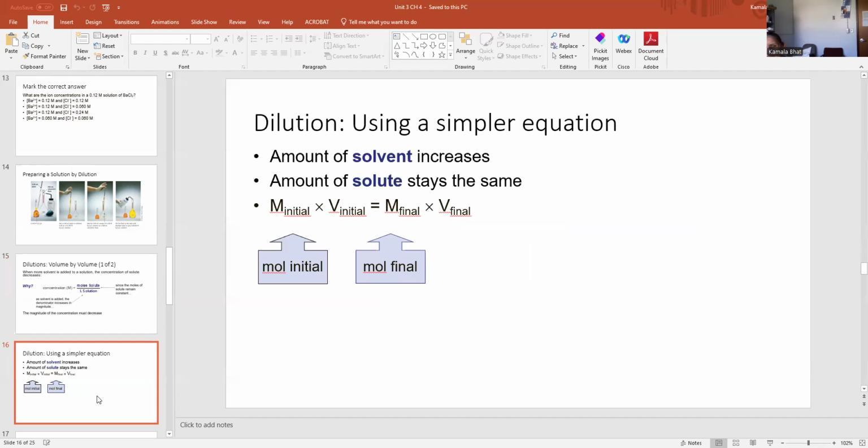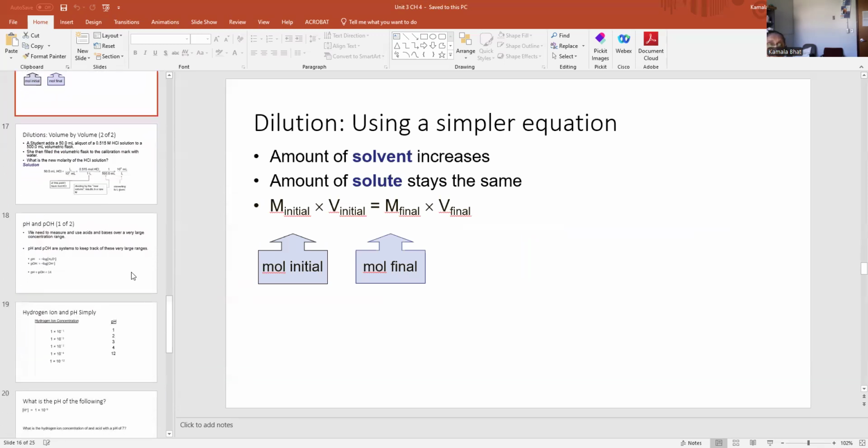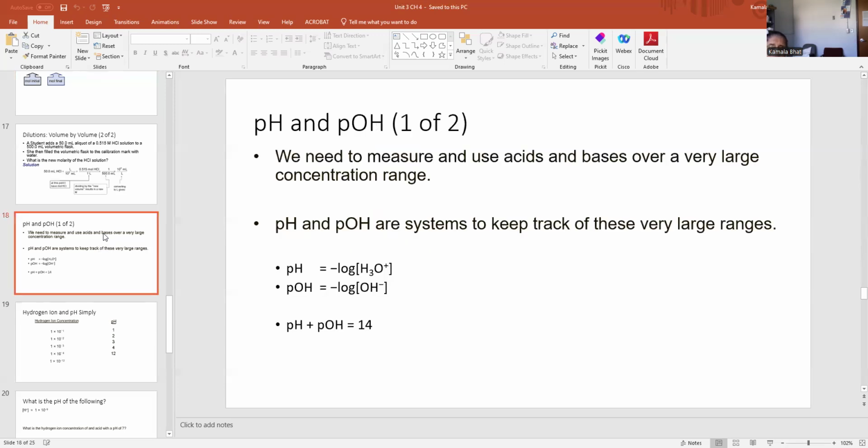Therefore, we can use the expression: molarity initial times volume initial must be equal to molarity final times volume final, because molarity times volume by definition is the initial moles, and molarity times volume at the end is the final moles. This is a very important expression to remember, because in the next unit you will be using it for titration, and it all works on the same principle.